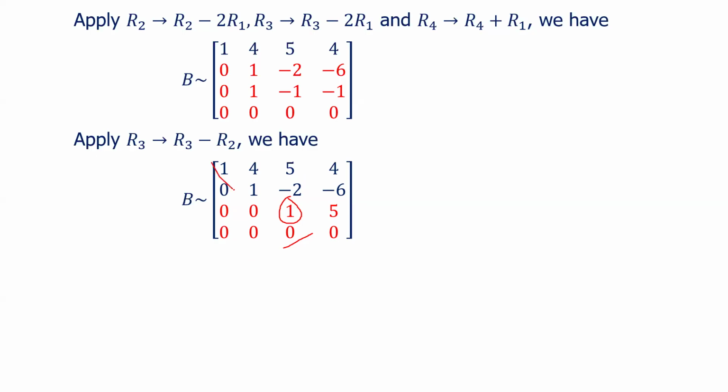This is the row echelon form of the given matrix because all the elements of the diagonal are 1 and below 1 all are 0. Now we are positioned to find out the row space, column space, and null space.